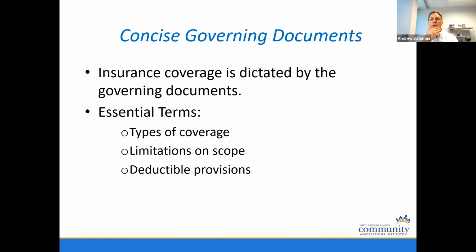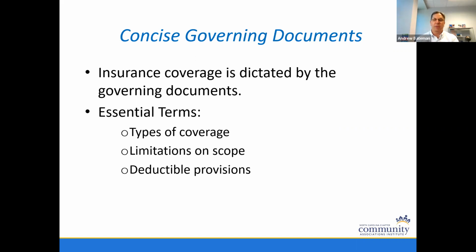As Brian just said, we need to have concise governing documents. When you look at any insurance policy that has property coverage on it, it doesn't outline what is covered. It is very much a blank slate with a dollar value of replacement coverage. What drives the insurance policy is the governing documents.